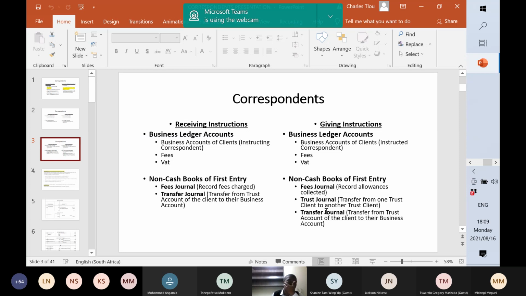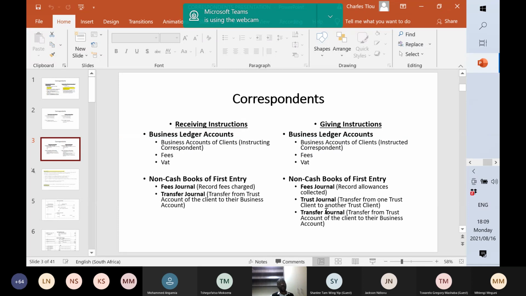You cannot give anyone any right that will force you to pay them to act as your correspondent. There must always be an attorney to an attorney in terms of the correspondent work where you are going to pay the correspondent the allowances that you have agreed on.